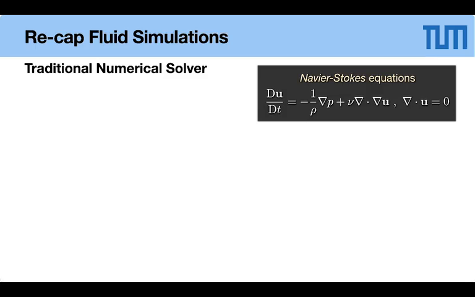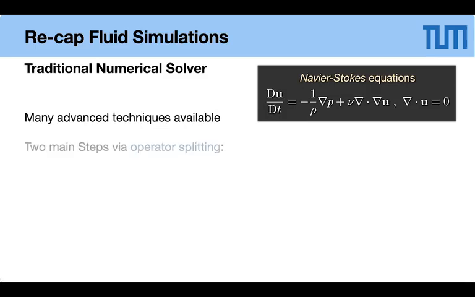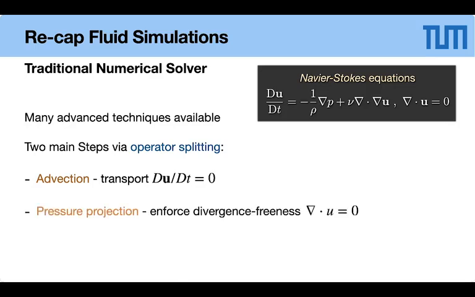There's a variety of powerful techniques that we have at our disposal. In graphics, we typically employ operator splitting. So we have the advection step, the du over dt, solved in isolation with the right-hand side equal to 0, and then separately we enforce divergence freeness, typically with a Poisson solve for the divergence equal to 0 constraint.